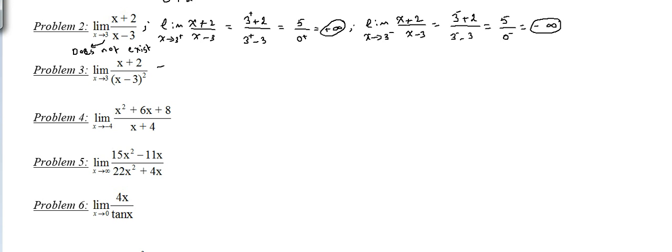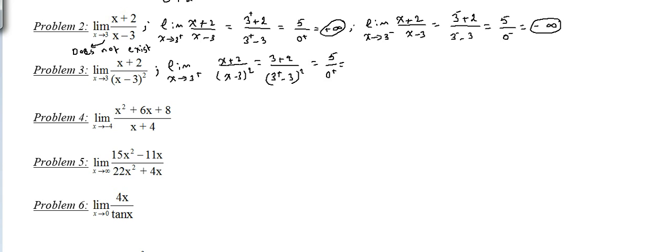Let's see problem 3. Problem 3, if we divide it also into two limits, the limit as x tends to 3 plus of x plus 2 over x minus 3 to the power 2. In the denominator, we end up with 3 plus 2 over 3 plus minus 3 to the power 2, which is 5 over 0 plus, whatever the 0 in the denominator is, because we are squaring it.